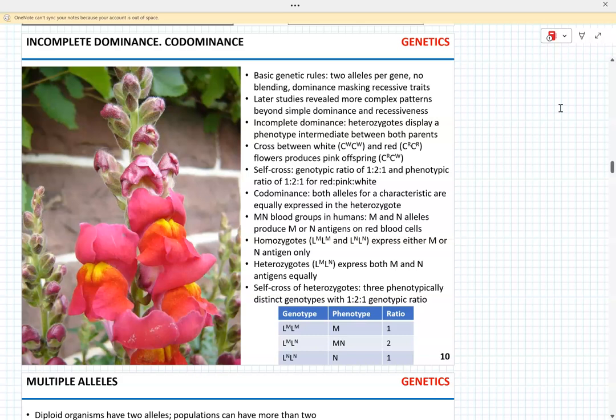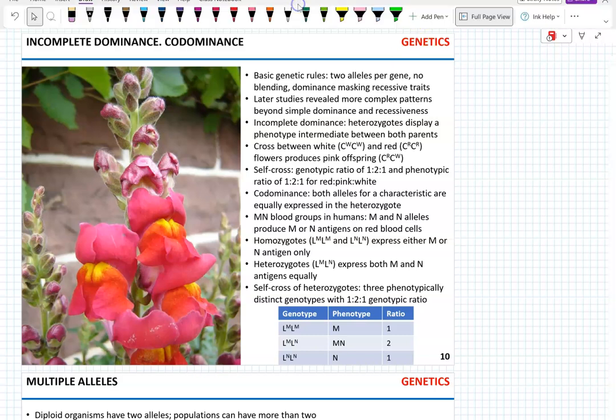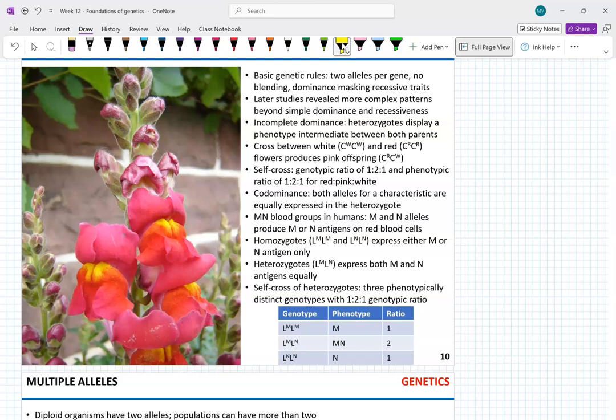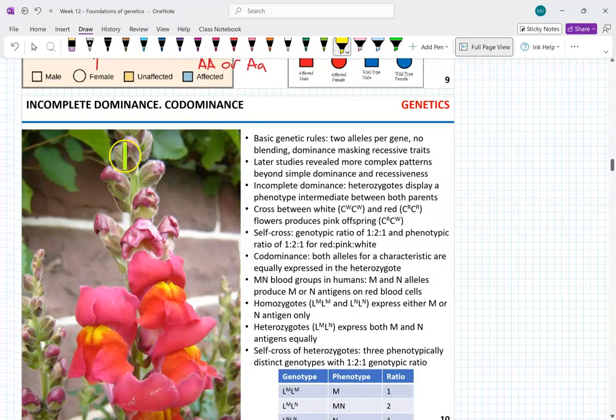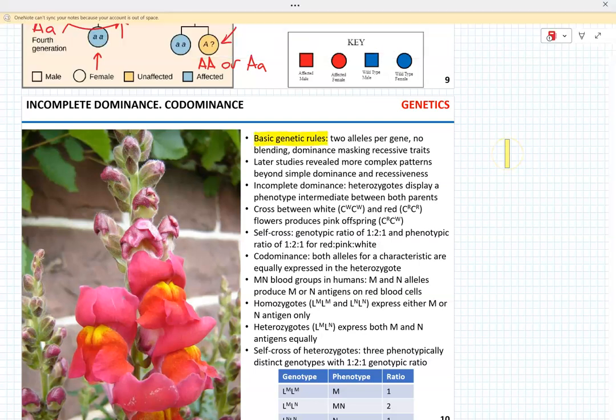Now we're going to talk about some inheritance patterns that do not follow Mendel's rules. First and foremost, incomplete dominance and codominance. Basic rules postulate that there are two alleles, there's no blending, and dominance masks recessive traits.